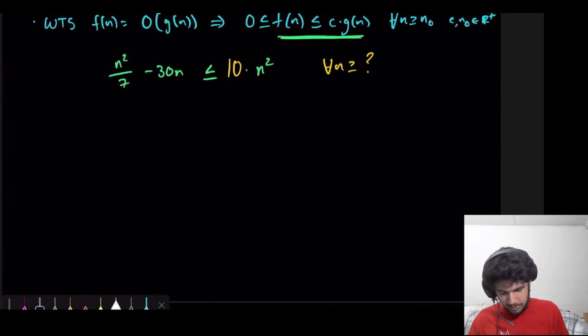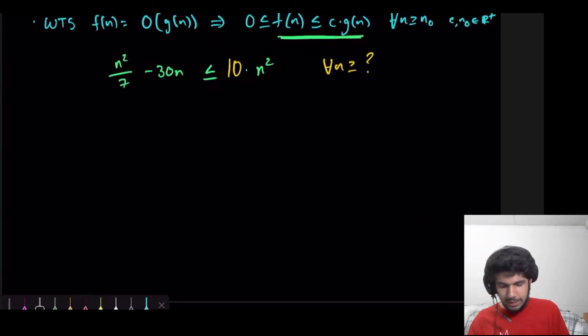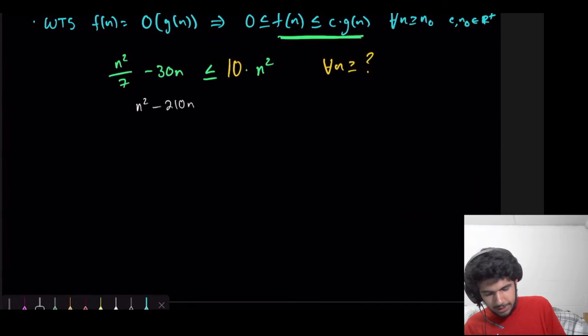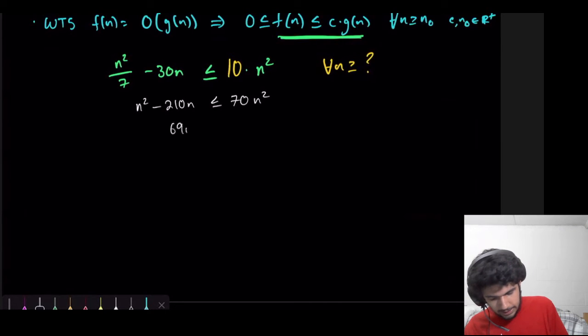Okay, so this left-hand side, I don't like the fraction, so I'm going to multiply both sides by 7. We get n squared minus 210n is less than or equal to 70n squared. And then we can subtract an n squared on both sides. We'll get 69n squared is greater than or equal to 210n.